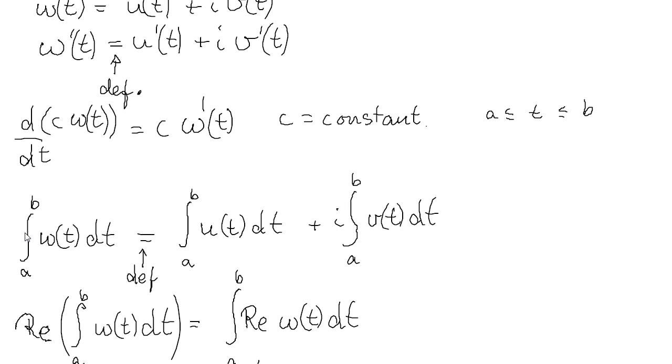And this is also a matter of definition. We just take the integral of the real part and add this to I multiplied with the integral of the imaginary part.